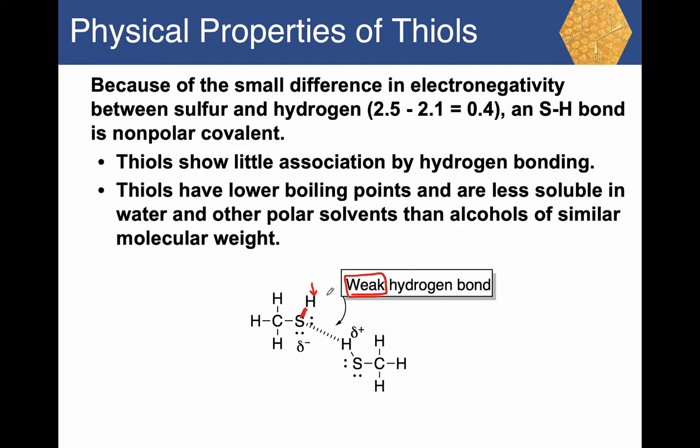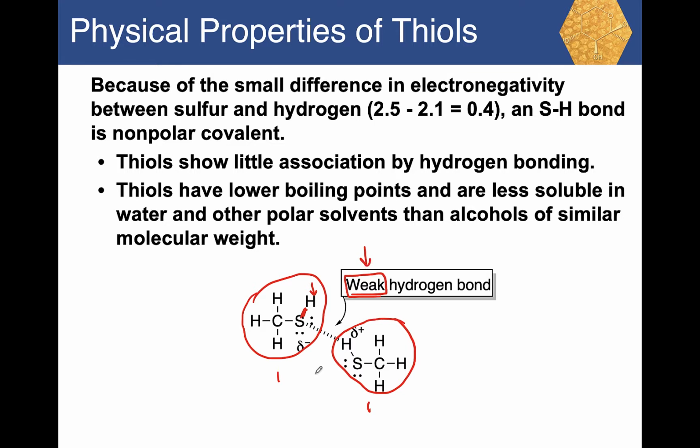So here is a thiol molecule. Here is another thiol molecule. The intermolecular attractions, or the attraction that exists between two molecules, is the hydrogen bonding, but it's weak.